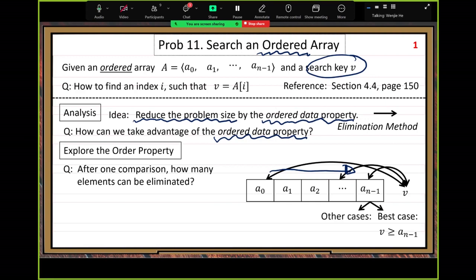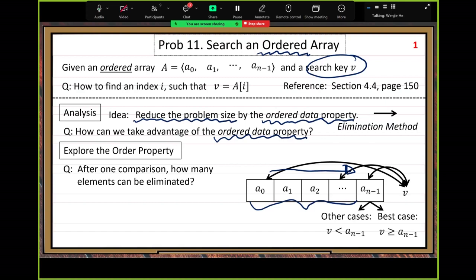But the other cases are not that good. In other cases, we need to do more work. When V is strictly less than A sub n minus 1, we need to do more work. Why more work? Because the prediction range is too big. This time, the range contains all the elements except the last one.